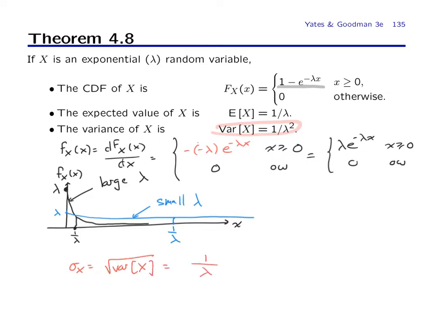And we see that 1 over lambda is measuring the spread of this distribution. For instance, in the black case, when lambda is big, the spread is very little, and 1 over lambda is small. And in the blue case, lambda is small, 1 over lambda is big, and not only is the expected value big, but the spread of the distribution around the expected value is big.